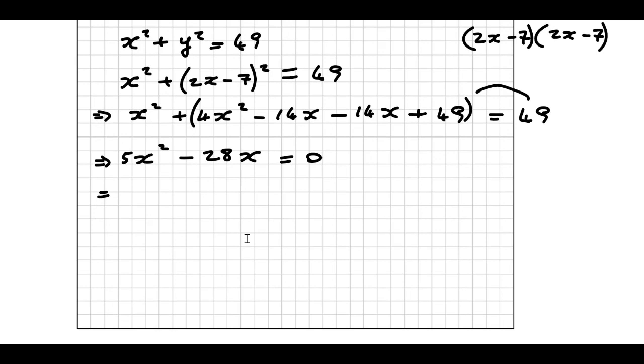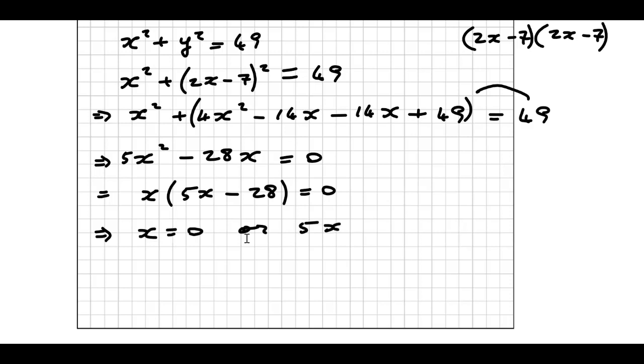So we've got to factorize this, so we have an x in common there, so I'm just going to take out the x, so that's 5x minus 28 is equal to 0. That will give me x is equal to 0, or 5x minus 28 is equal to 0.